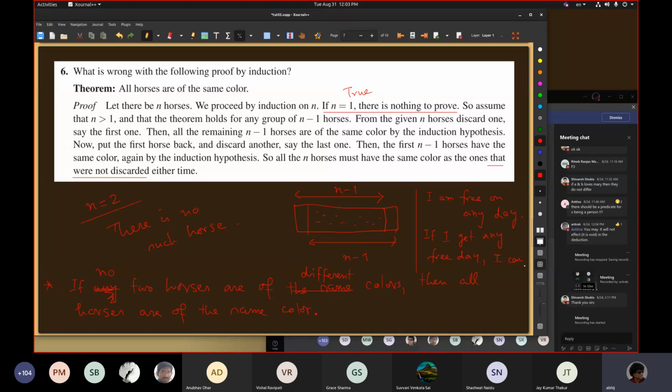Here, this "any" is actually implying there exists: if there exists a free day, I can finish the job. Whereas if I say I am free on any day, this means I am free on all days. So this "any" is actually confusing. Yes or no? Yes, sir. Okay, so it's preferable to avoid "any" in these mathematical statements.